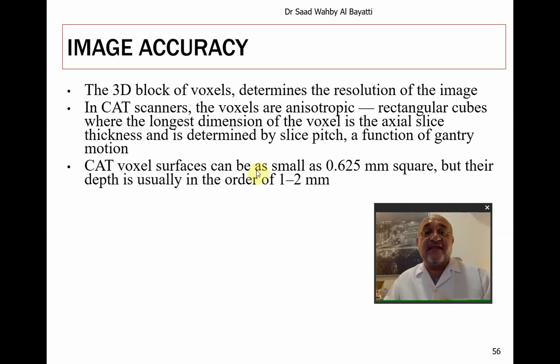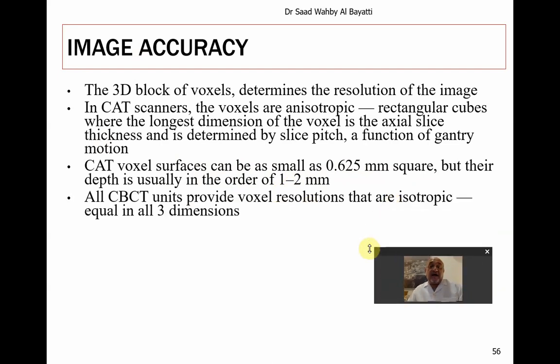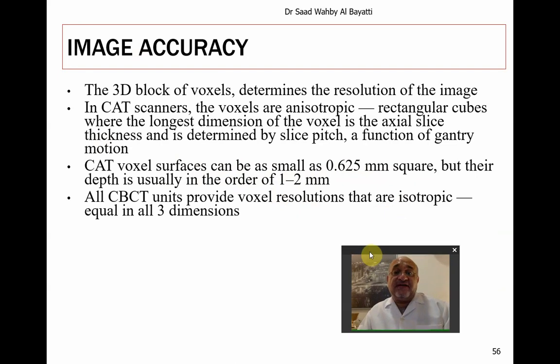While in the CAT, voxels can be as small as 0.6. This is the smallest that you can go in the CAT scanner, but their depth is usually in the order of 1 to 2 millimeters, which is thick. CBCT machines provide voxel resolutions that are isotropic. They are equal in the 3 dimensions.